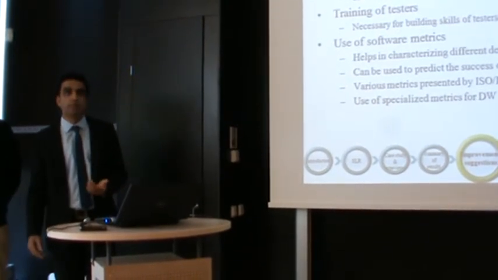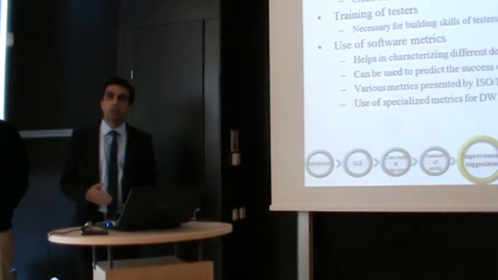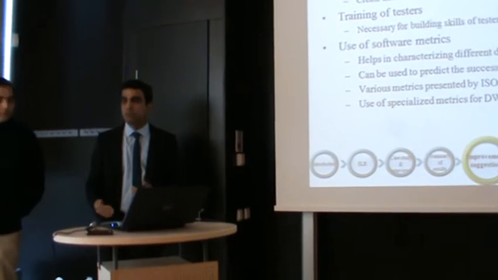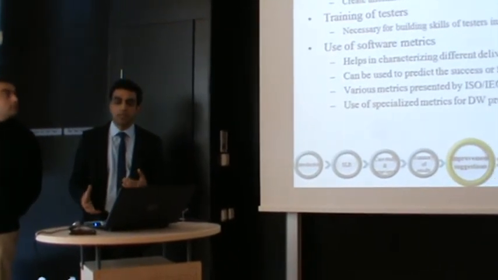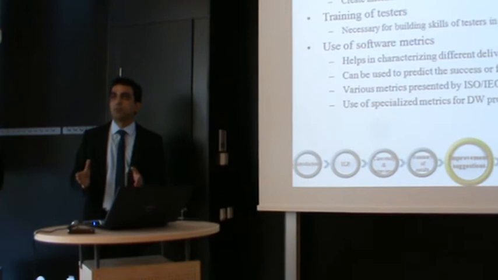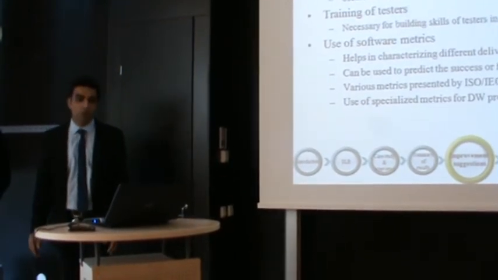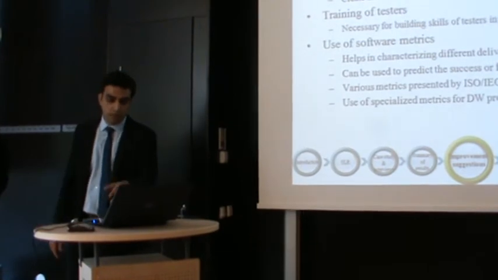Various metrics have been suggested by ISO Product Quality Standard 9126. There have been some studies which focus specifically on data warehouse projects. We found them as a result of our SLR. They can also be used as software metrics in data warehouse testing.